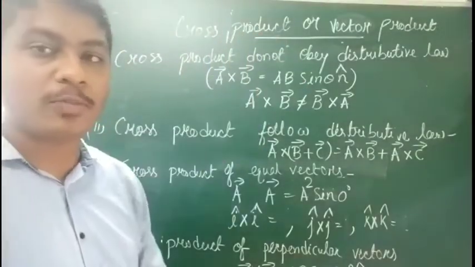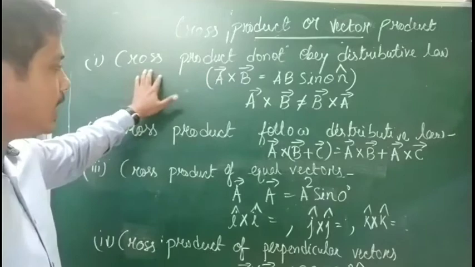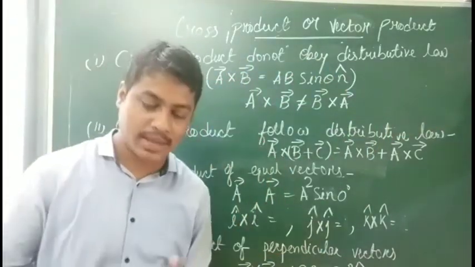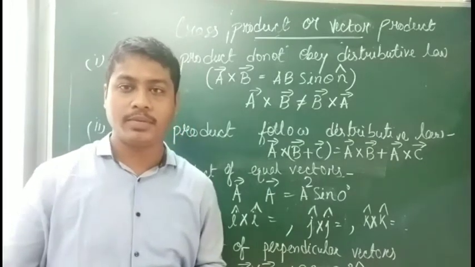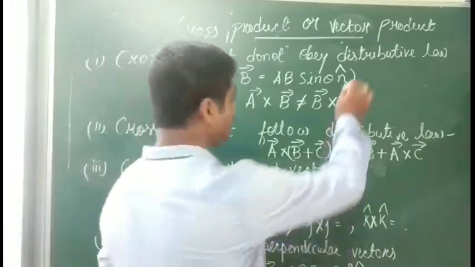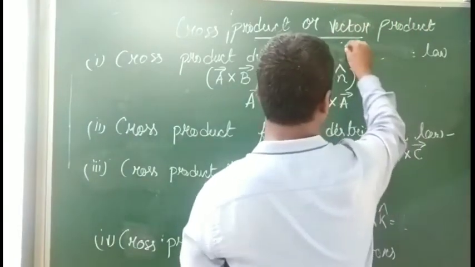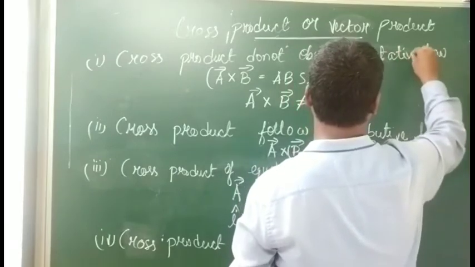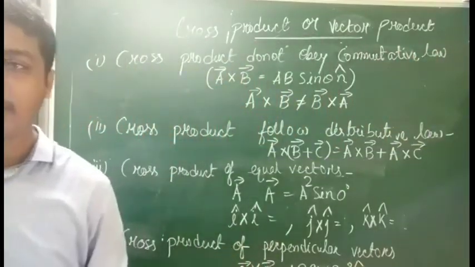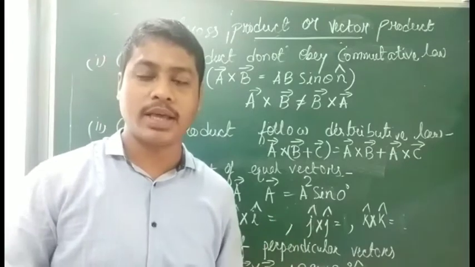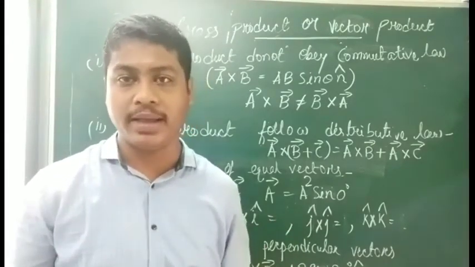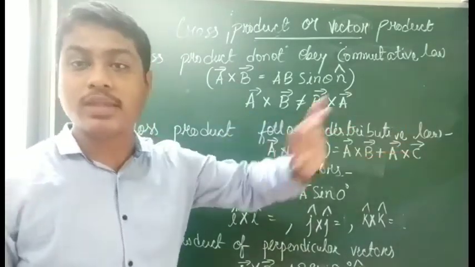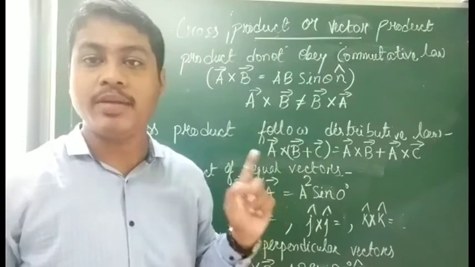Now the properties of the cross product, or the vector product. The first property is that the cross product does not obey the commutative law. Like if you see the scalar product, it was following the commutative law. Previously we have seen in the scalar product that A dot B is equal to B dot A. But here A cross B is not equal to B cross A because it does not follow the commutative law.